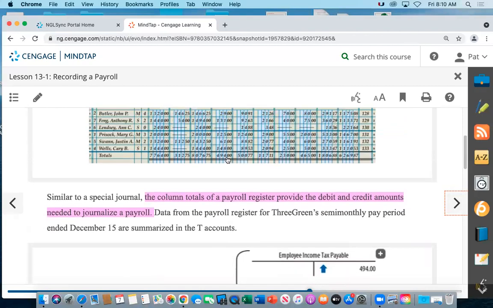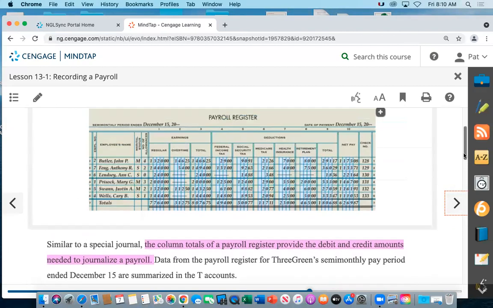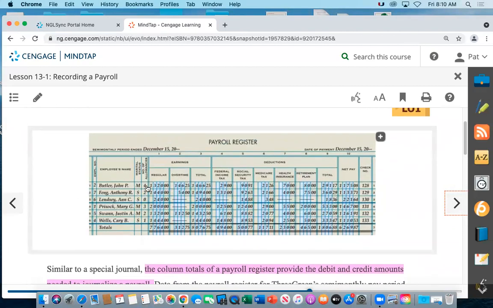So you see 494 here, 494 here. This is the marital status and allowance number that you find on your charts. They don't call the account federal income tax payable, because we have federal income tax payable on our worksheet adjustments already. Remember those? When we did our adjustments, we had that already.